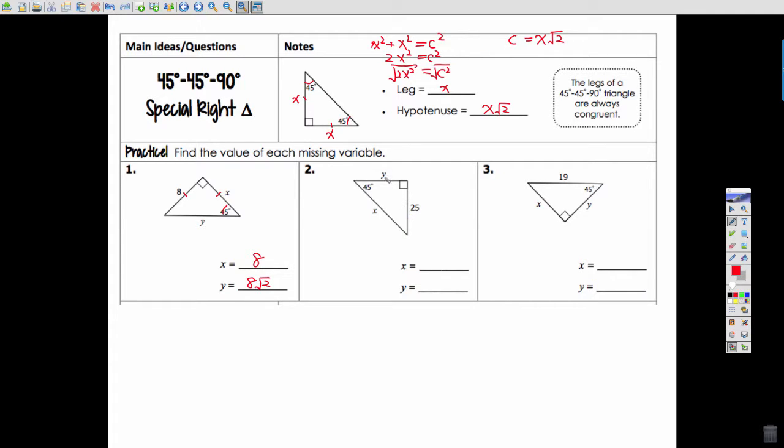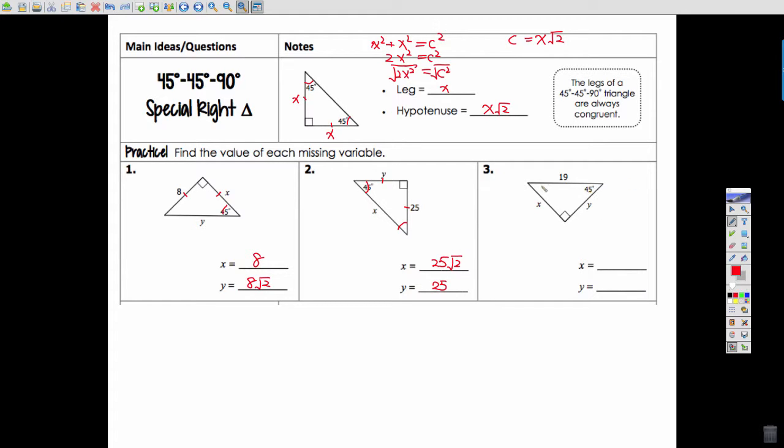Same thing, right? 45 degrees, 45 degrees, isosceles right triangle. Therefore, my leg, in this case the other leg is labeled as y, must be 25. If the leg is 25, the hypotenuse is 25 root 2.